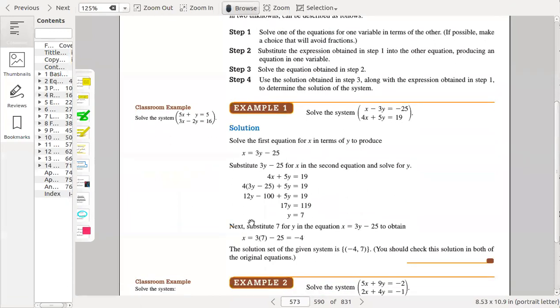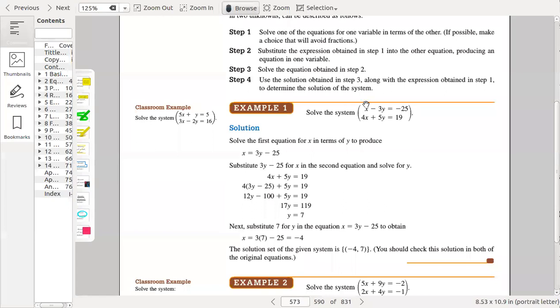So here is an example of how we can explain this substitution method. We have the system of equations x minus 3y is equal to minus 25, and the second equation is 4x plus 5y is equal to 19. So solve the first equation for x in terms of y. How can we solve this one?